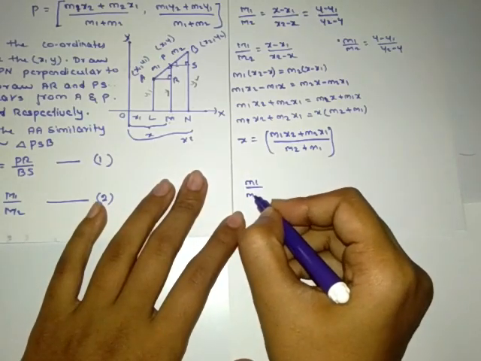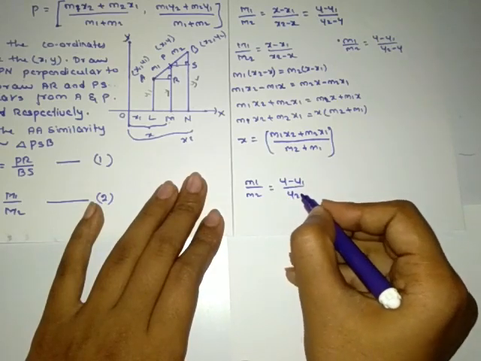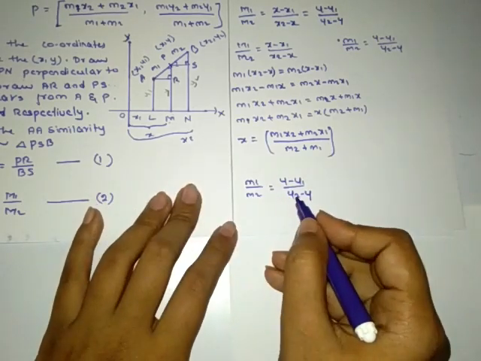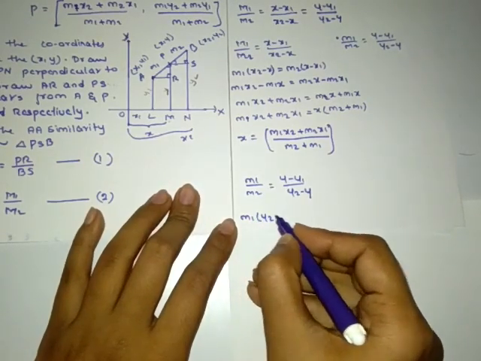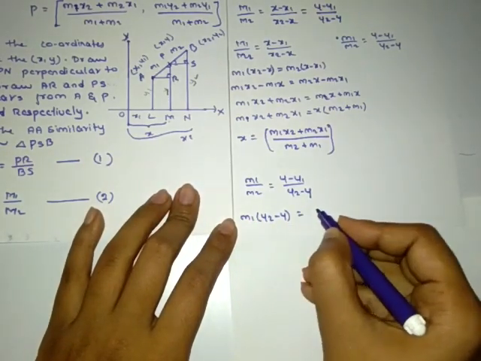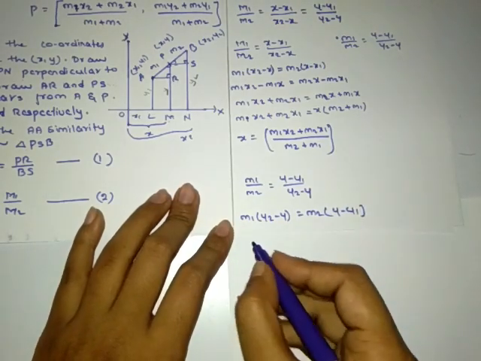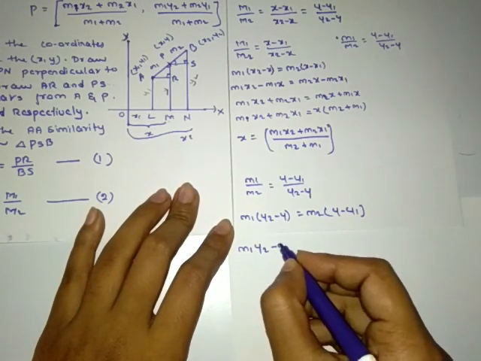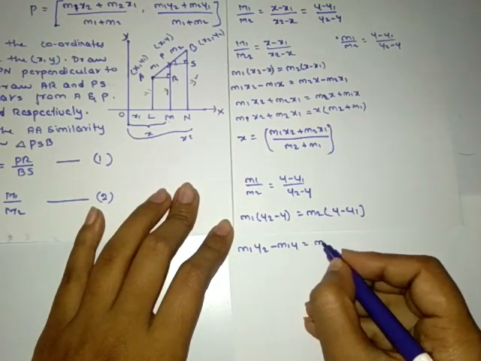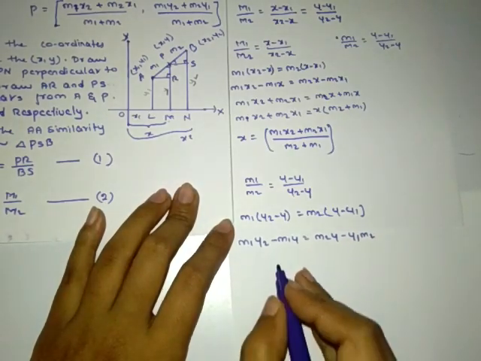M1 divided by M2 is equal to y minus y1 divided by y2 minus y. We'll cross multiply the values. M1 into y2 minus y is equal to M2 into y minus y1. We'll multiply them inside. M1 y2 minus M1 y is equal to m2y minus m2y1.